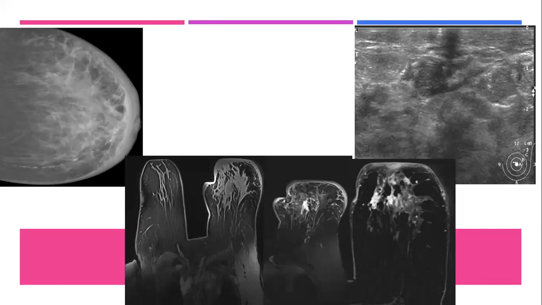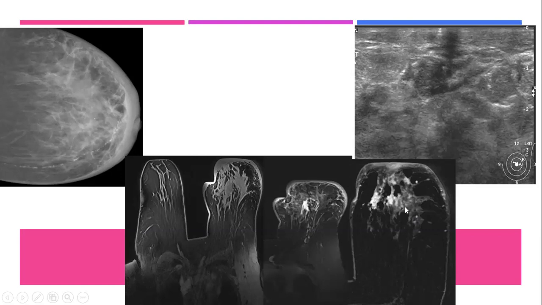And if it is tiny, 5 millimeters or less, we call it a focus. So on MRI, we have either a focus, a mass, or non-mass enhancement. If we have only tiny spots, we can say we have a focus or foci. But these are larger than a focus. So we have mass-like enhancement.